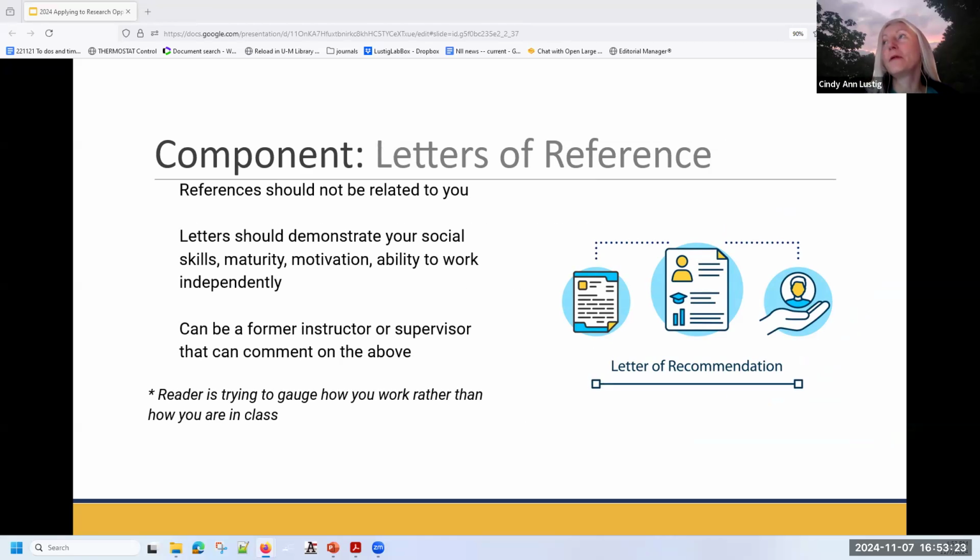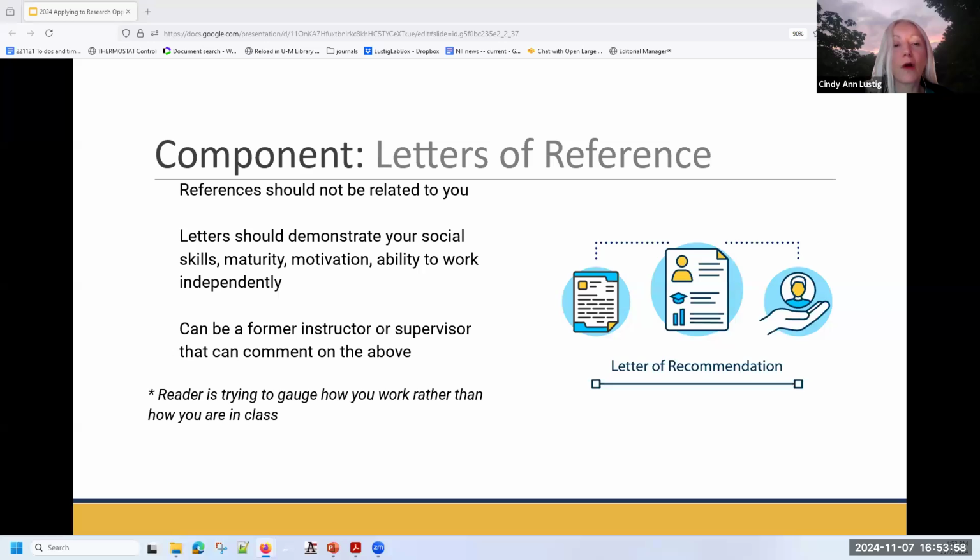They should be from people like professors, maybe work supervisors or volunteer supervisors, or the faculty advisors for a group that you've led at your university. The letter should demonstrate your social skills, your maturity, your motivation, and your ability to work independently. We're looking for people who are proactive, who are going to follow through on what they're asked to do, and who are going to ask questions and really be interested in the work. So anything that they can do to express that.